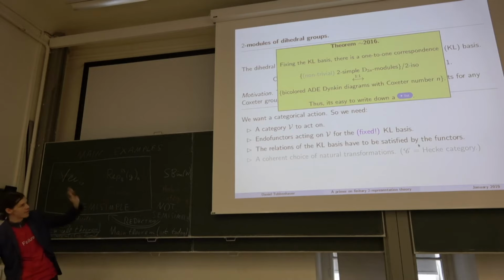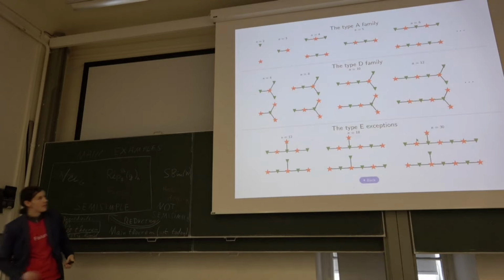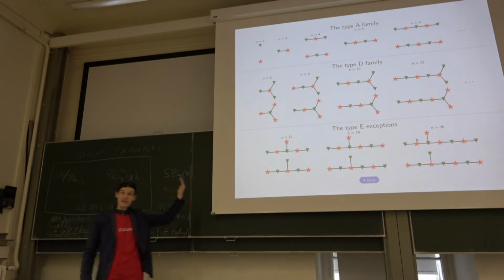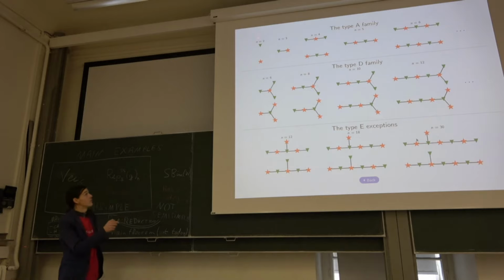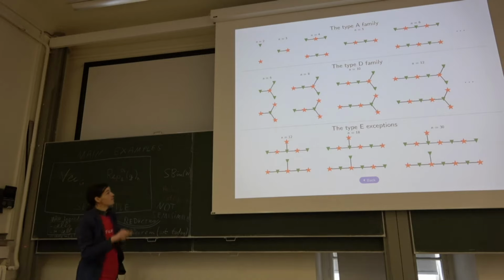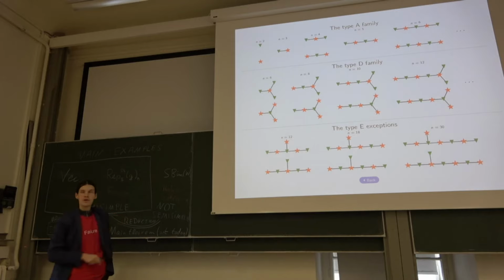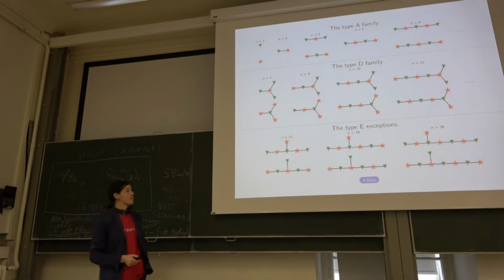There are two trivial ones which we don't care about, and the non-trivial ones are indexed by ADE Dynkin diagrams, depending on n. So n was, as I said, the number of edges in your regular polyhedron. So let's say for n equals 6, you would have 1, 2, 3, 4 associated two simples. They correspond in one-to-one correspondence to those Dynkin diagrams.